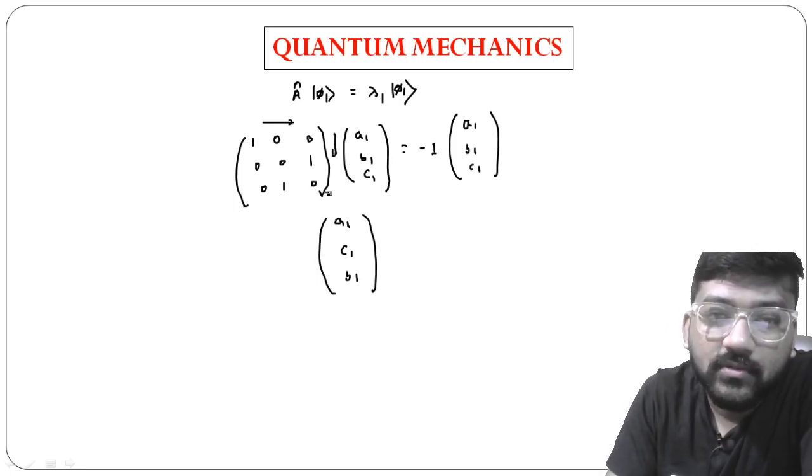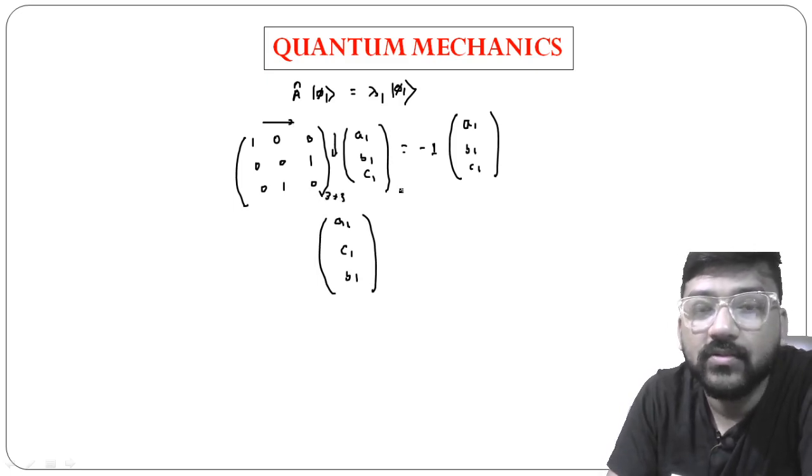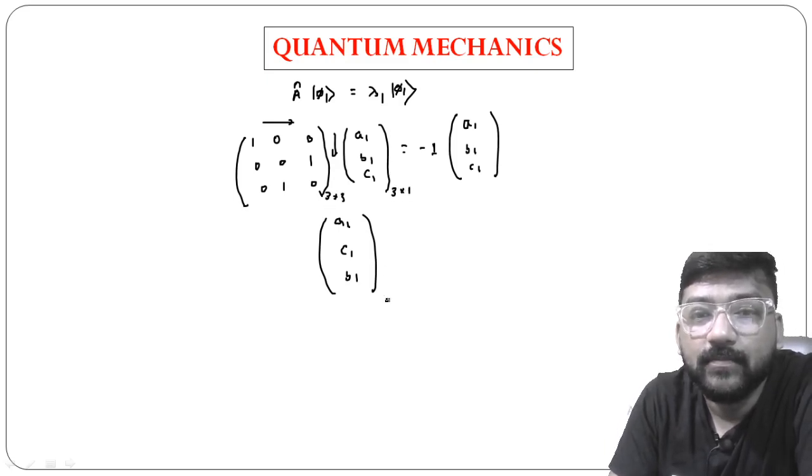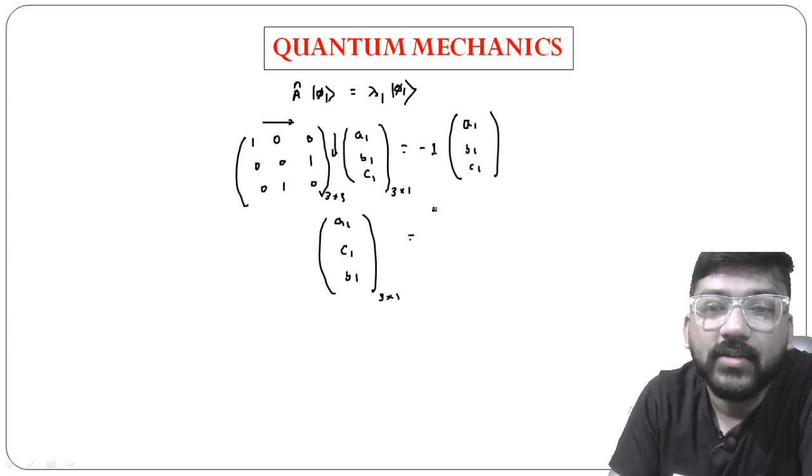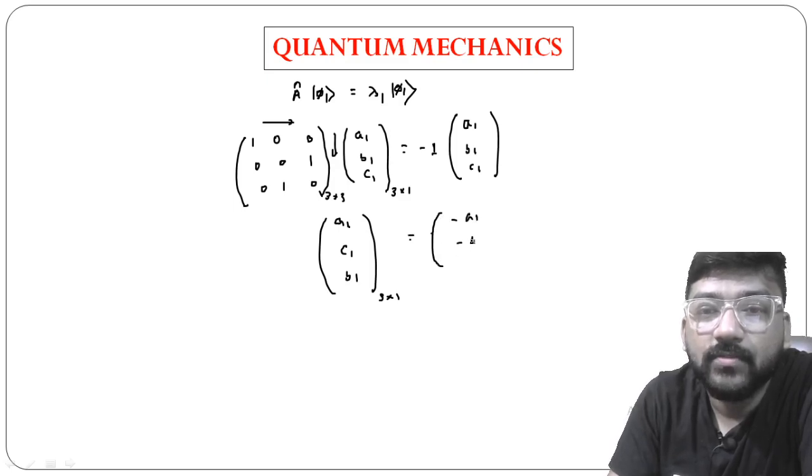Because this is your 3 cross 3, with 3 rows and 3 columns, and here you can see we have 3 rows and 1 column, so you will get obviously a 3 by 1 matrix.